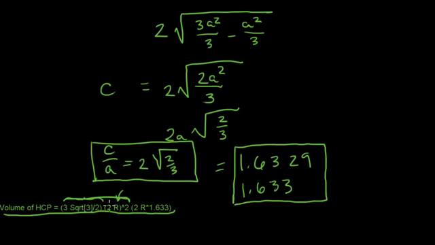And there's our t, it's 2r. Then we multiply that times our a times 1.633, and that will give us the volume, because that's the area times height. So area times height gives us volume.